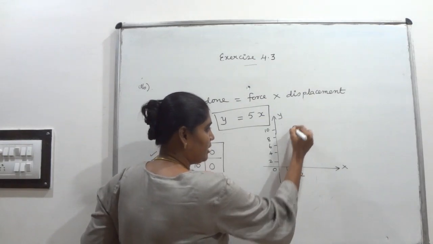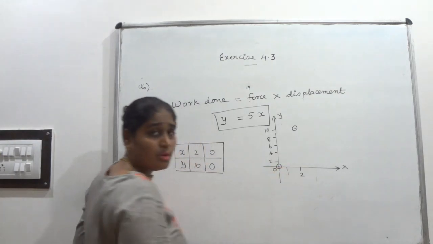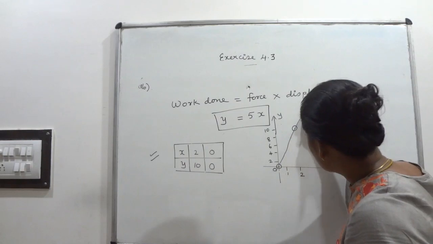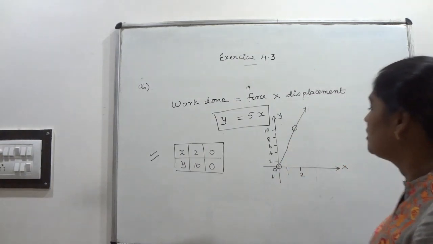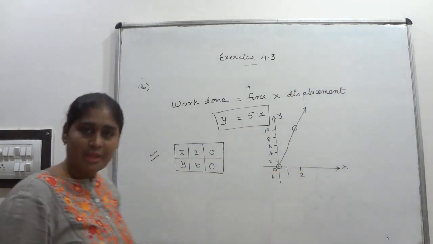So the point will come here. 0, 0, it will be very easy. Join these 2 points, you will get a line equation. Yes, I got it. This is your line equation. Thank you.